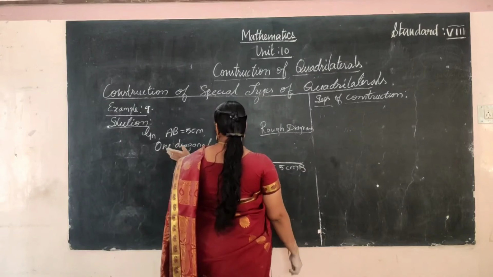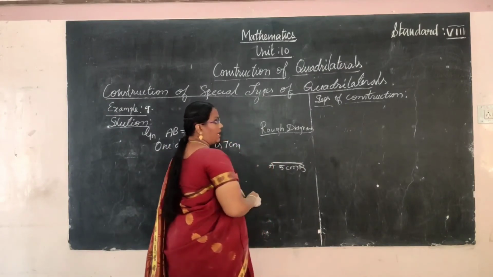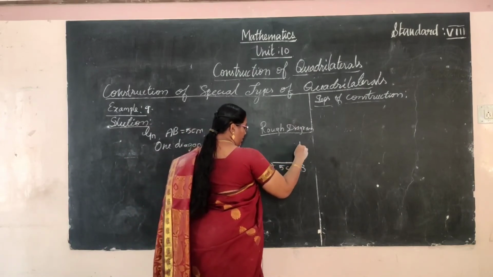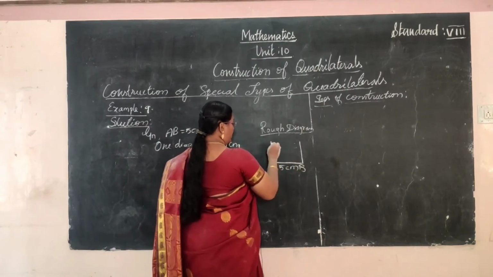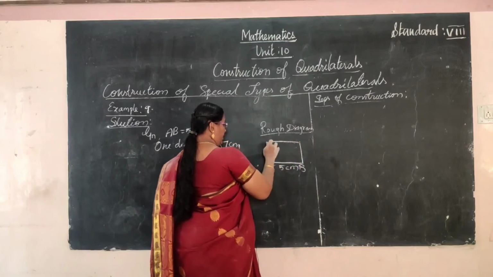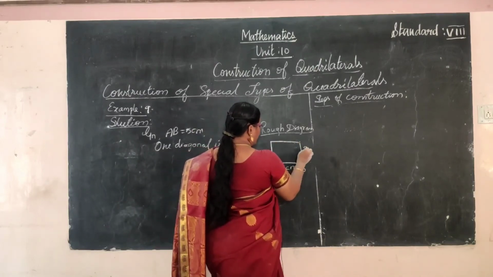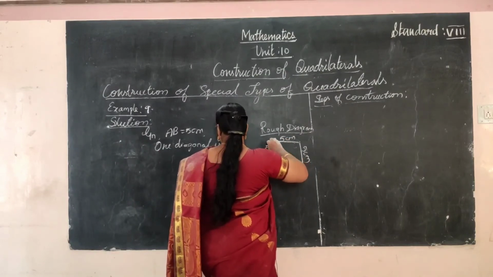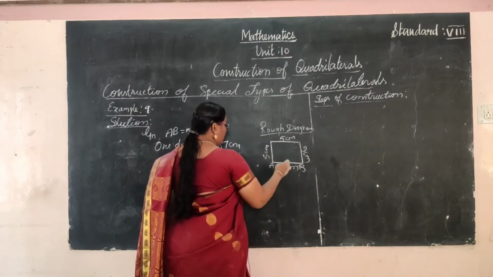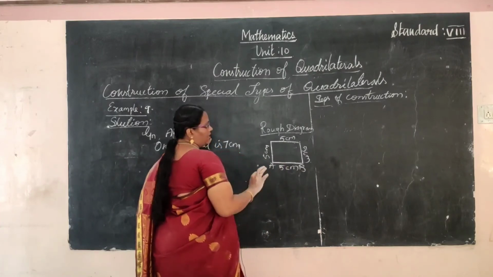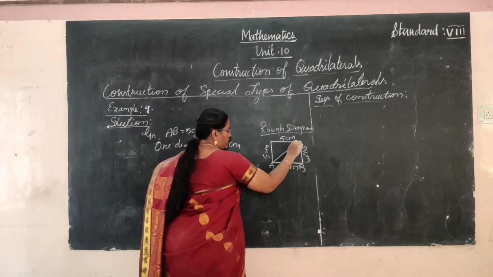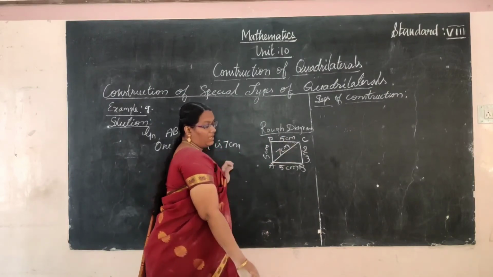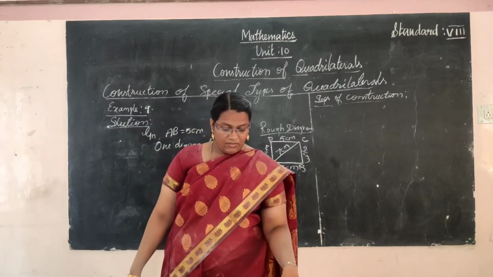All the sides of the rhombus are equal in length, so AB, BC and AD are 5 centimeter. One diagonal is given, so we consider AC as 7 centimeter.